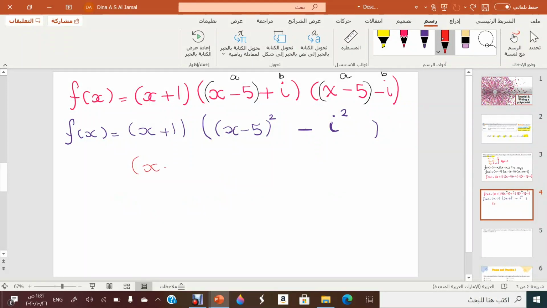So x plus 1, you will have here the factorization of this part: x squared minus 10x plus 25.